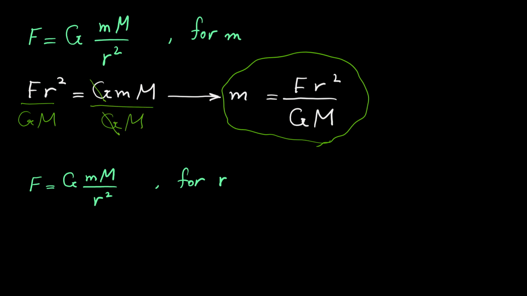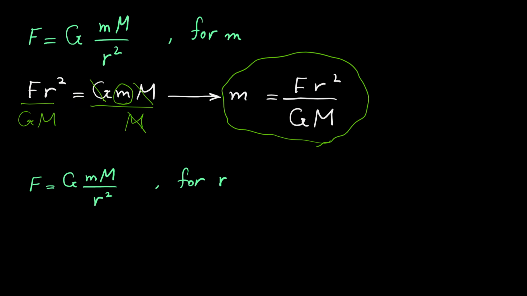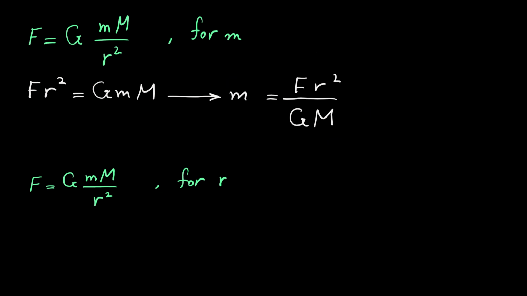G with G cancels, M with M cancels, and so the unknown that we are looking for is this. So M is this expression, FR to the 2 over GM. And this is the answer of the equation.